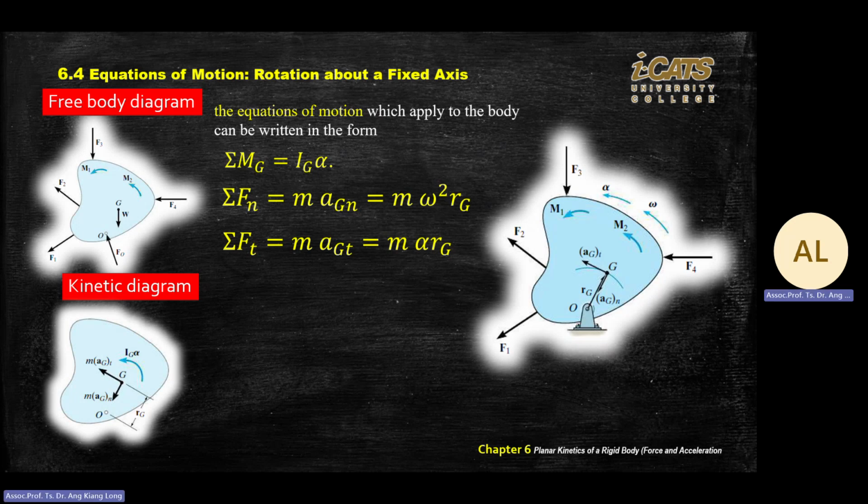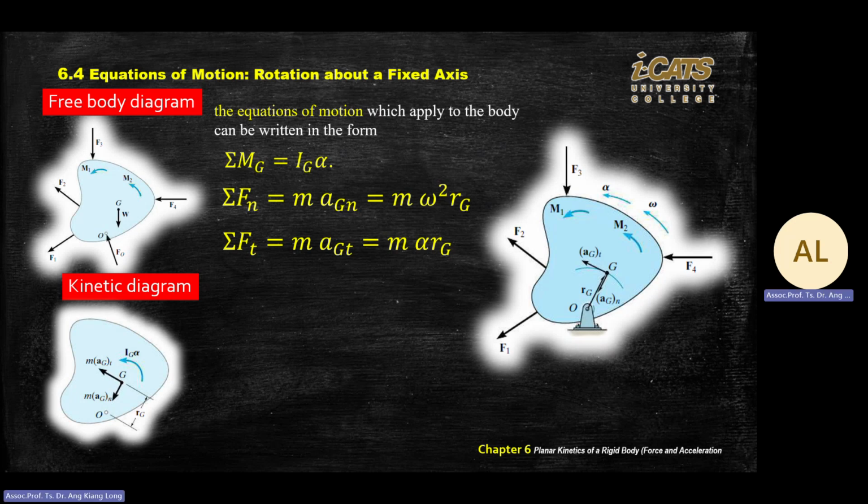Here I put I_G because I assume your reference point and your point of interest are on the same spot, the center of mass. Then you will get I_G. If your center of mass and the reference point O have a distance between them, then you need to find I equal to I_G plus m d square.